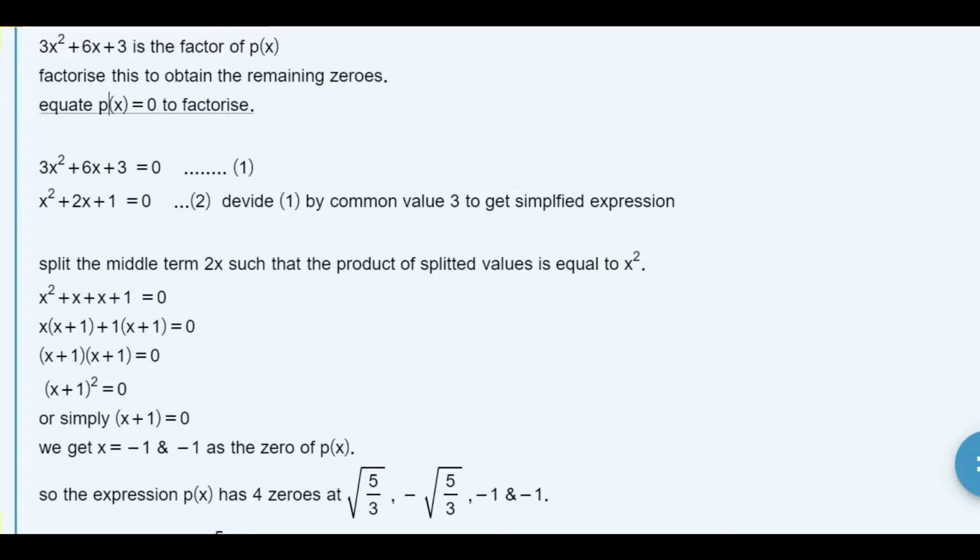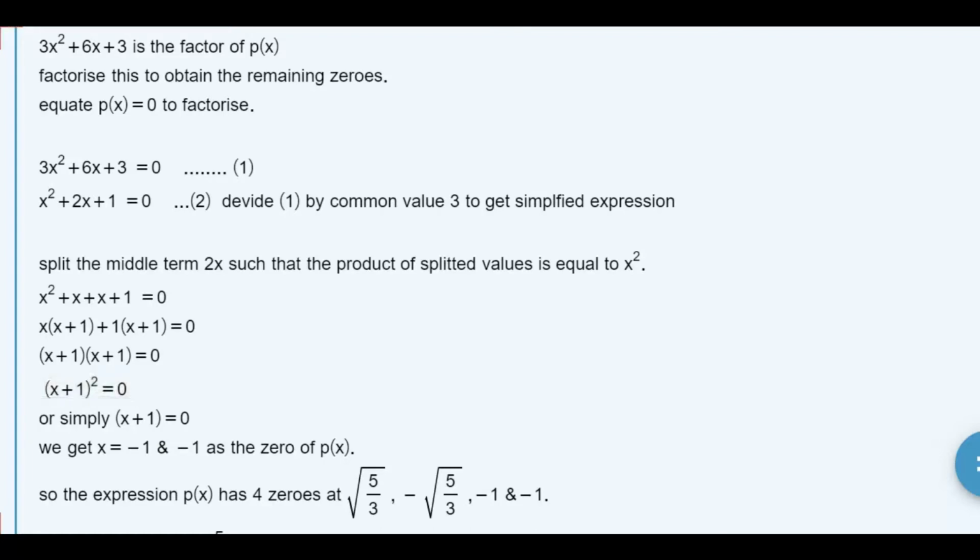Even if we go by the general factorization method, where we split the middle term 2x such that the split terms, when multiplied, give a into c, that is x square, here also we get the final factor as x plus 1 whole square, or a plus b whole square, where a is equal to x and b is equal to 1.